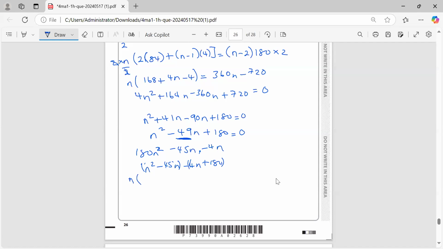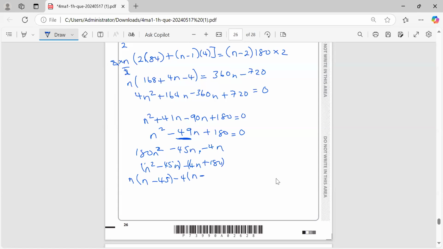Here I'm going to factor out an n, so I now have n minus 45. And then there, I'm going to factor out a 4, so it's going to be minus 4. So this minus is going to affect the plus inside the bracket, so it also becomes minus here, right?